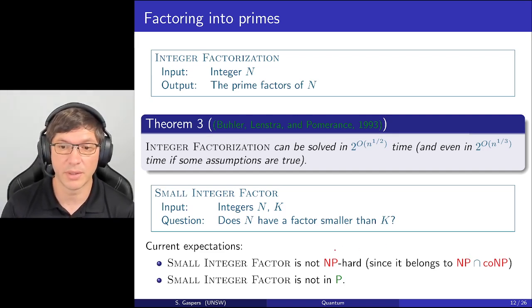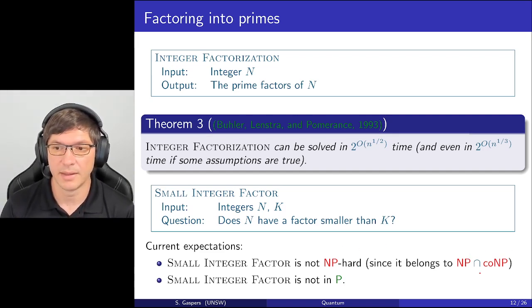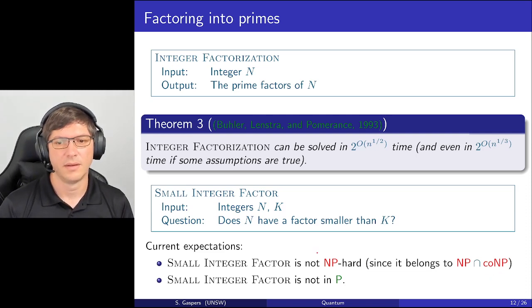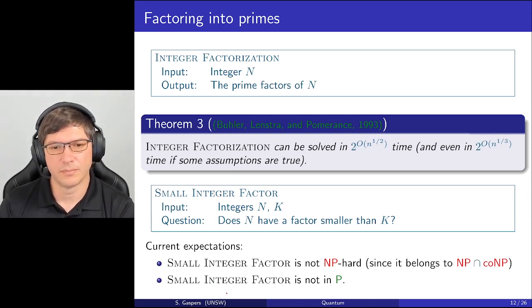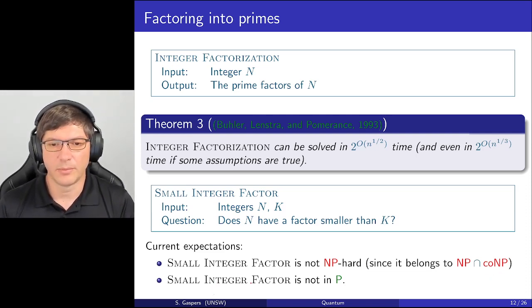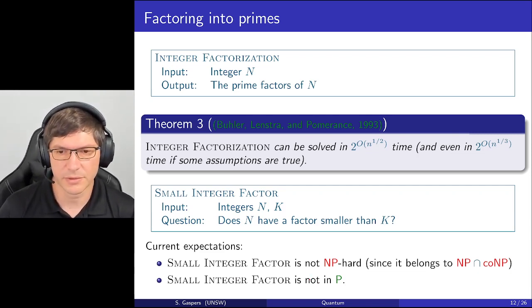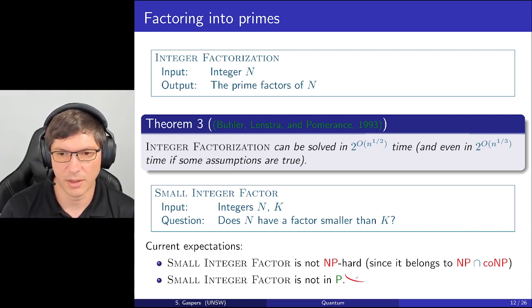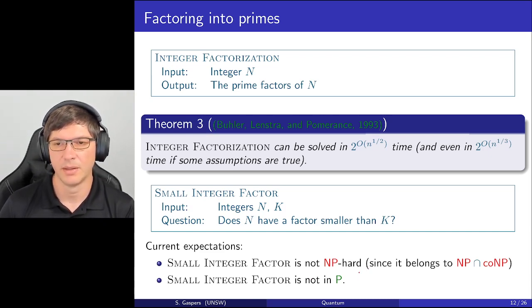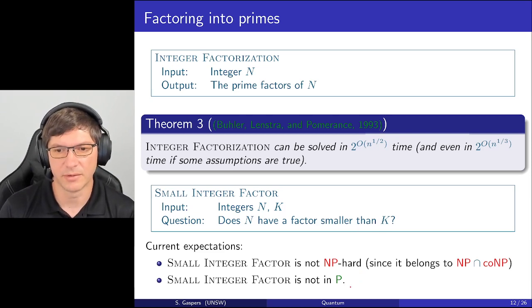So if it were NP-hard, then we would have that NP is the same as co-NP. We also believe that small integer factor is not in P, just from the experience of people who have been working on this problem for a long time and think that it's much harder than primes.